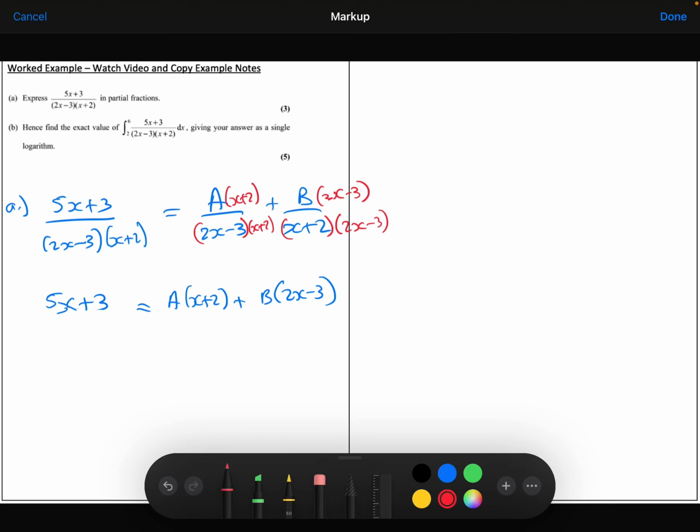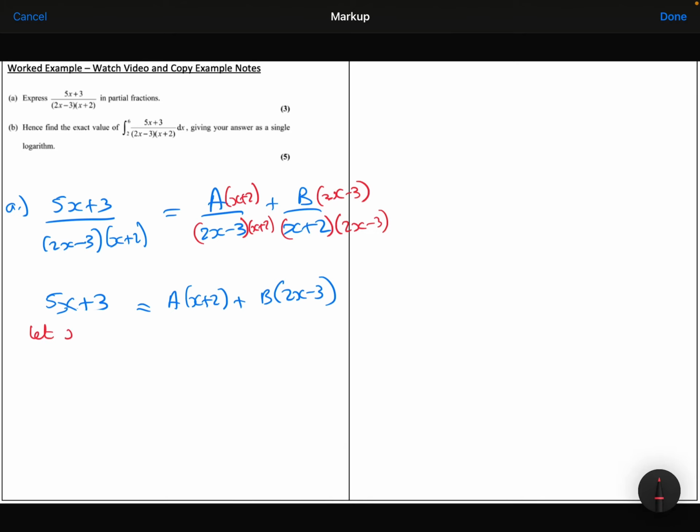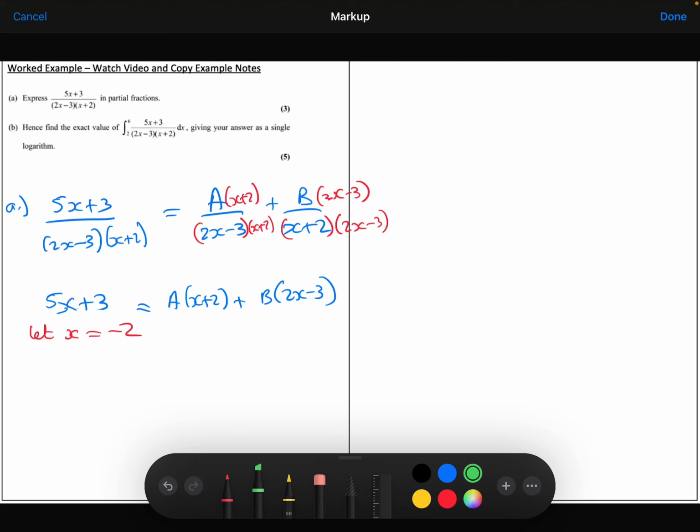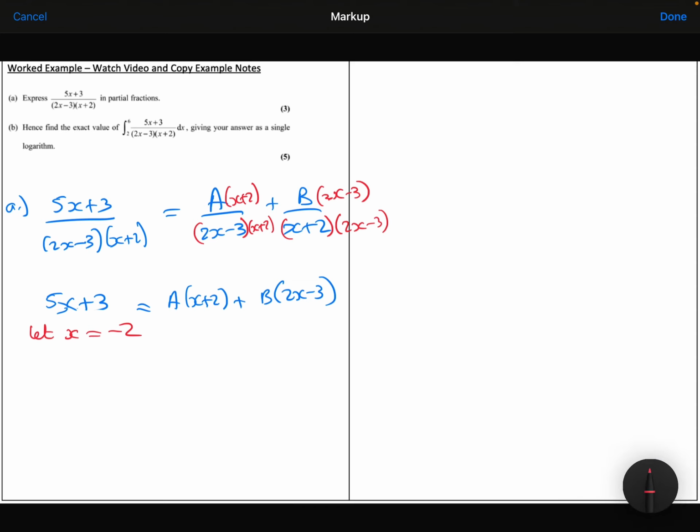I'm now going to let x equal minus 2. The reason I picked minus 2 is because I know that that's going to make this bit here become 0. That will then allow me to work out what the B term is. So if x is minus 2, on the left-hand side, 5 times minus 2 is minus 10, plus the 3 is minus 7.